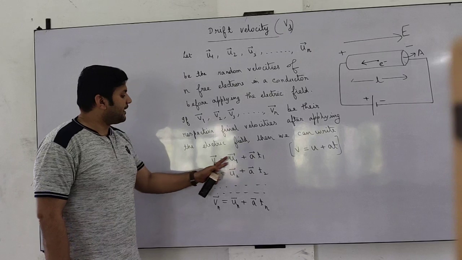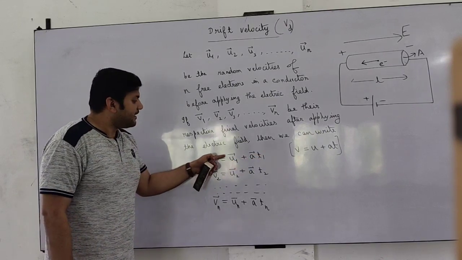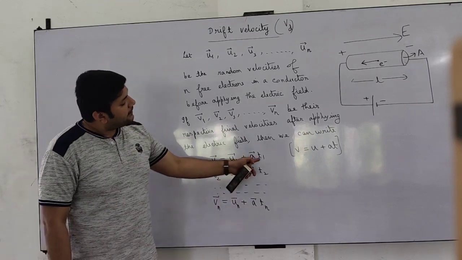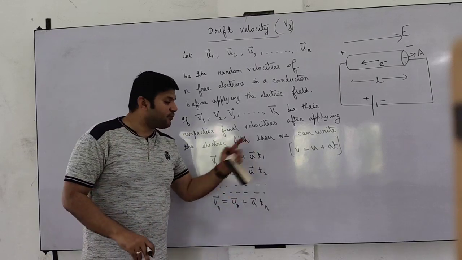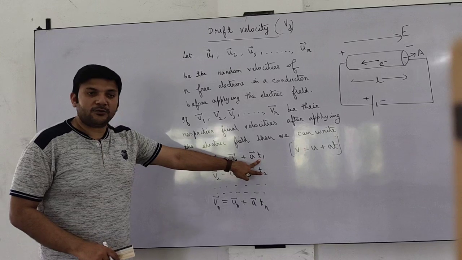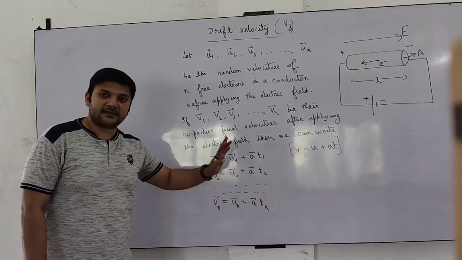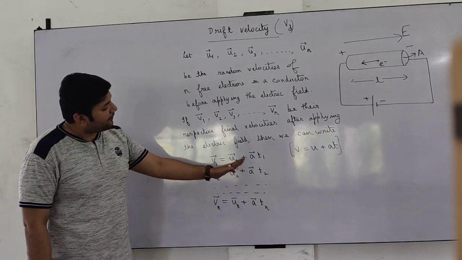Time t1 is a scalar quantity, so there is no vector sign upon t1. Similarly t2, t3.